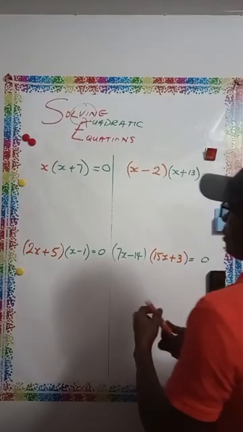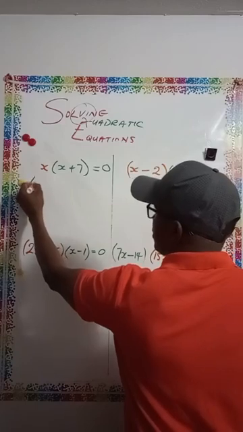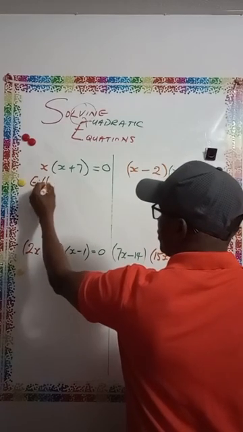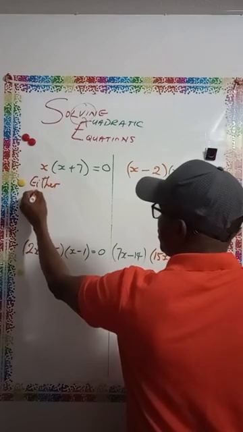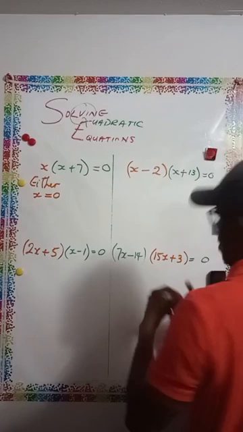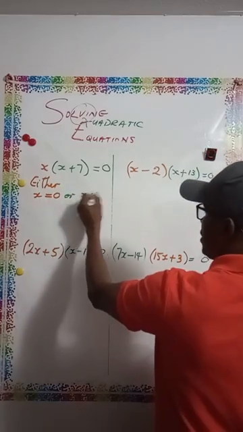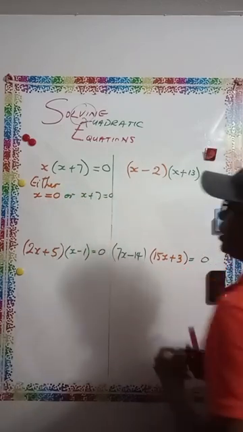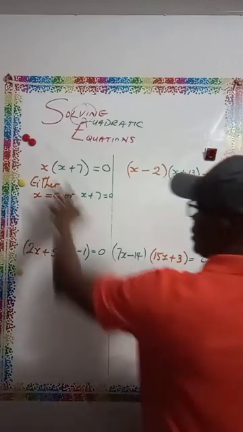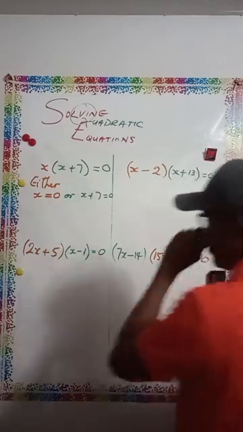So in other words, the first thing you're going to say is either, that's the word we're going to be using, either x equal to 0 or x plus 7 equal to 0. So the monomial is equal to 0 and a binomial is equal to 0 as well. And from there, we're going to go and solve.